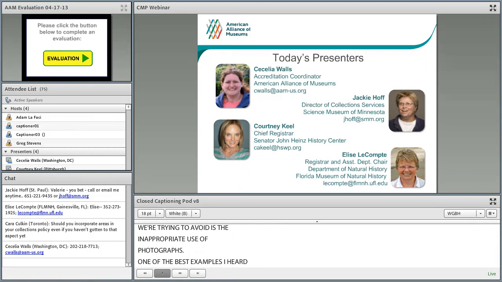A person came and took a photograph through the bars at the gate and used it on the cover of a romance novel. The Historic House Museum sued the publisher of the novel because they felt that was a totally inappropriate use of the image of their museum. So that's just one example. I'm sure Jackie and Courtney might have others.